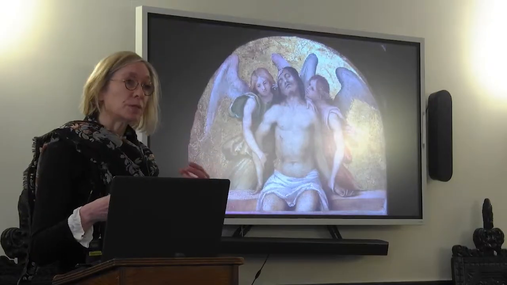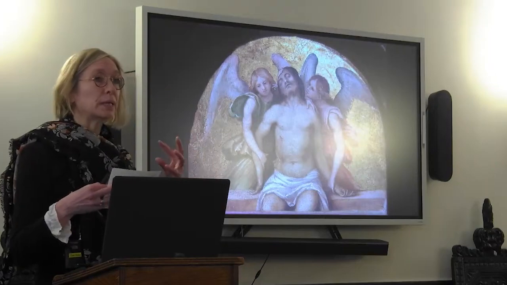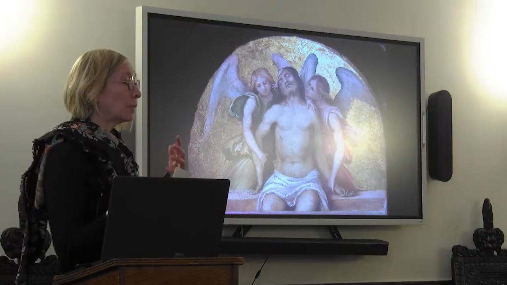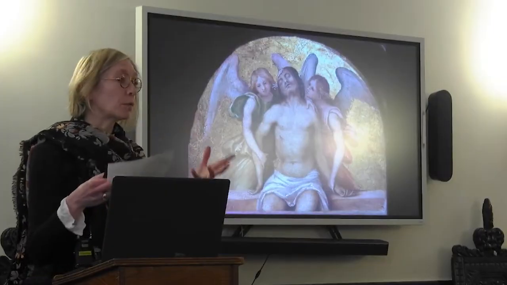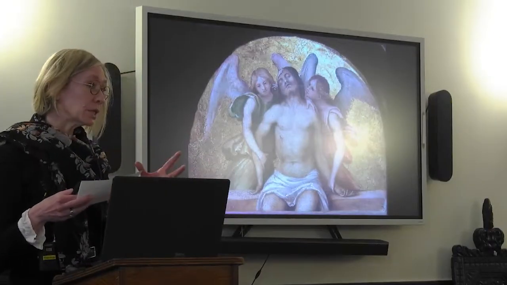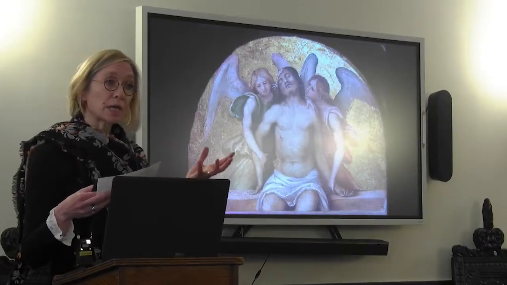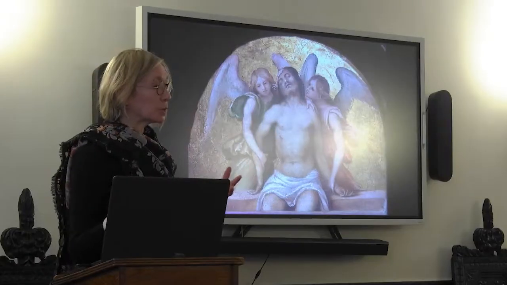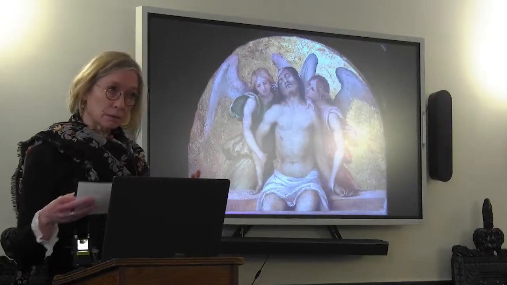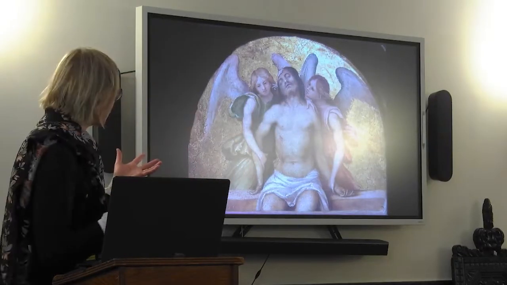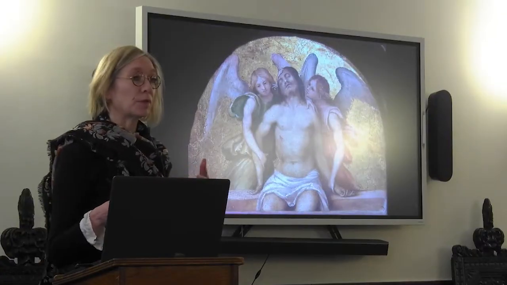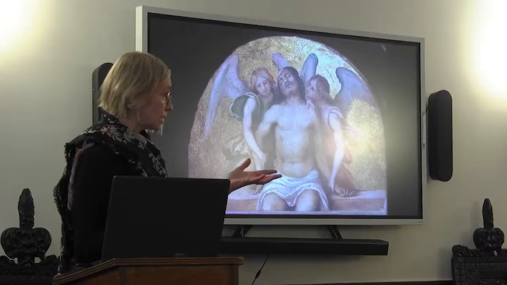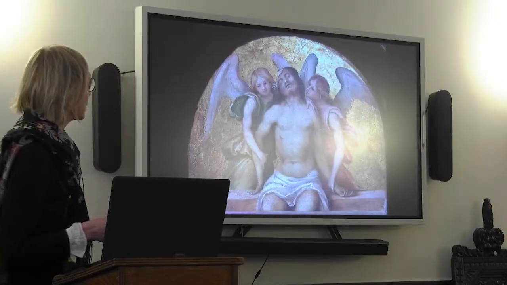stripped of some of the significance that it originally had, but we might want to work a little harder as we look at it to think about how it resonated with the patrons for whom Lotto was working and for people viewing this originally in the 16th century, but also thinking about how we might take that image forward into thinking ourselves about the image of the dead Christ, as you see here, and how we might connect it with some of the themes relating to the Eucharist that you've been speaking about during this series.